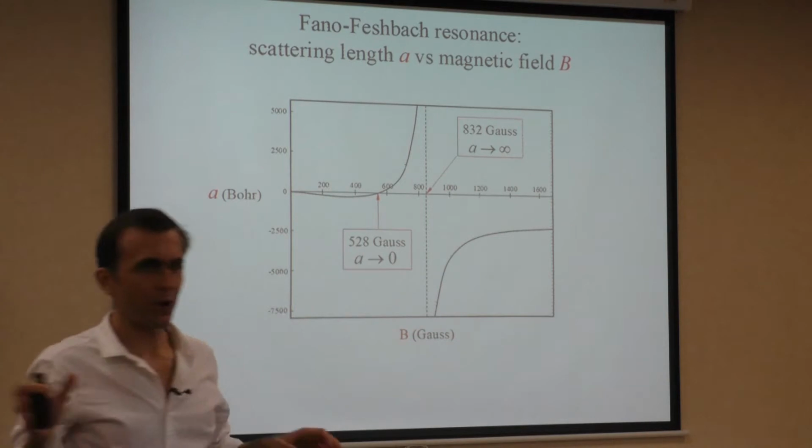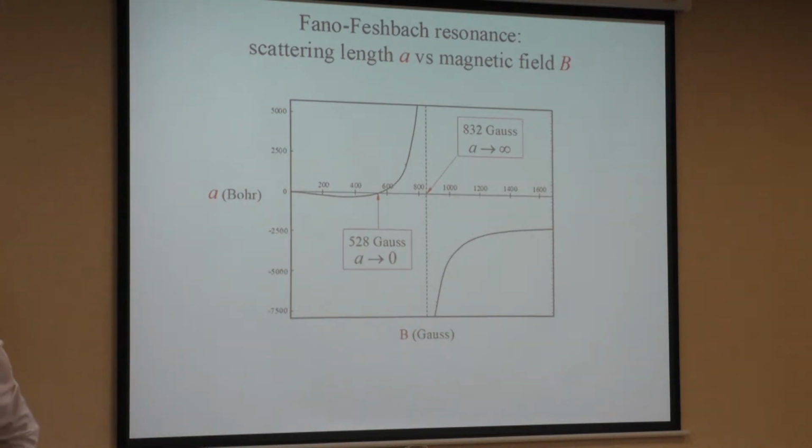Okay, now I hope I explained the basics of interactions, and I'm in a position to start explaining collective effects with ultra-cold atoms. But before going completely into many-body physics, let's reconsider again the evaporative cooling, achieving those low nanokelvin temperatures.